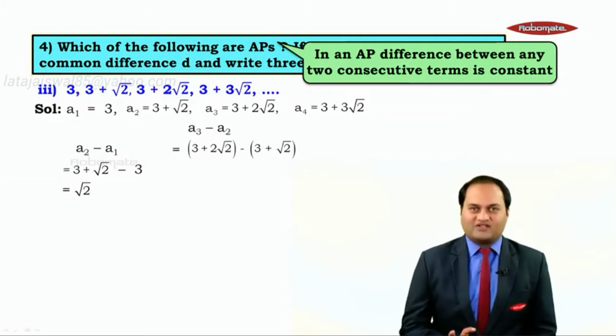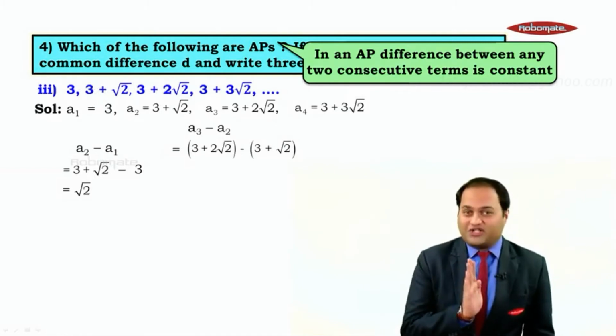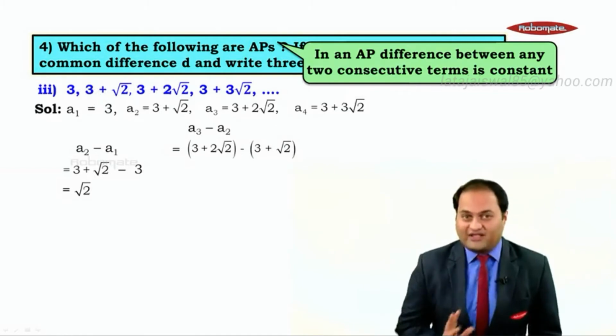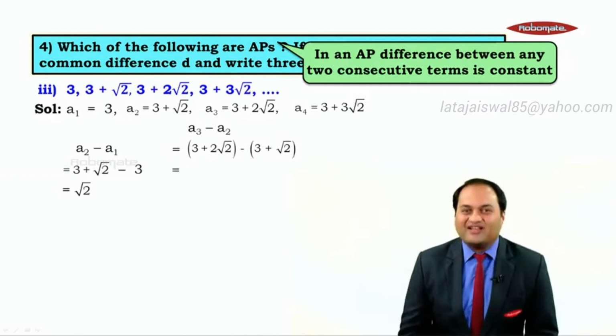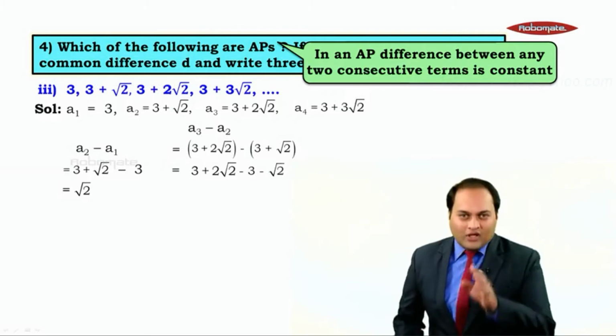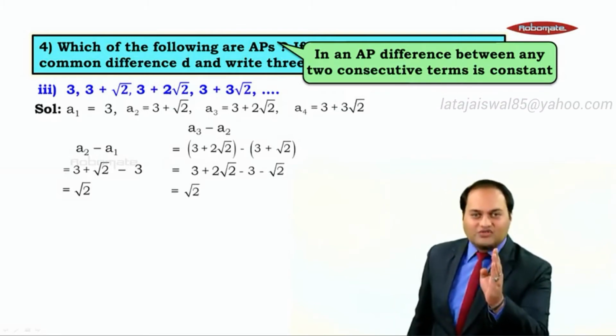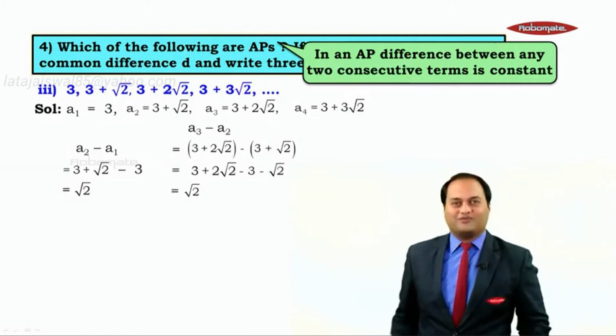Open the brackets, but when you're opening the brackets, the sign of both the terms will change. So please take care about that in the exam, right? Let's do it. 3 plus 2 root 2 minus 3 minus root 2. Now 3 and 3 will get cancelled and 2 root 2 minus root 2 is again root 2.